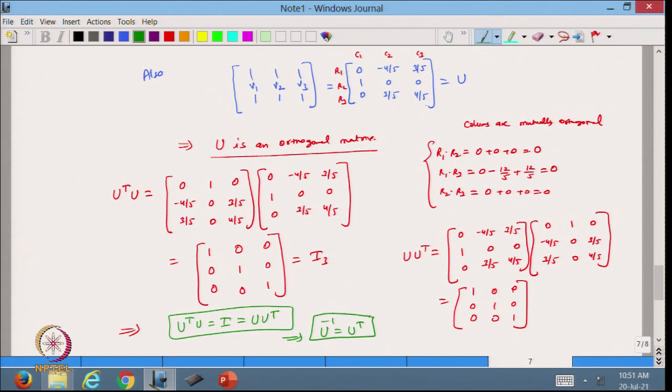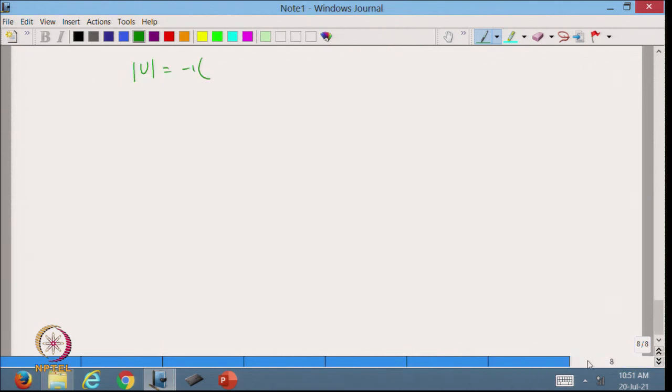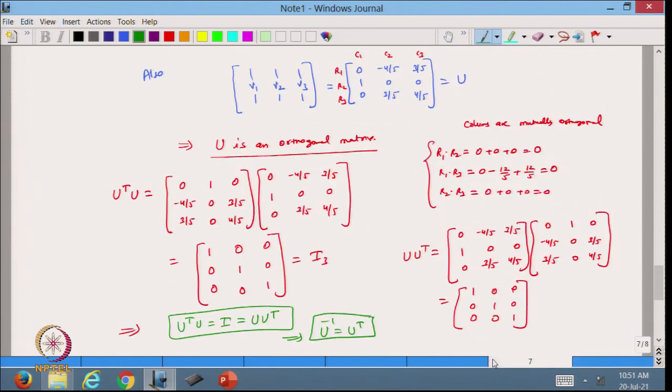So, it will be minus 16 by 25, minus 16 by 25, because I am considering this minus.